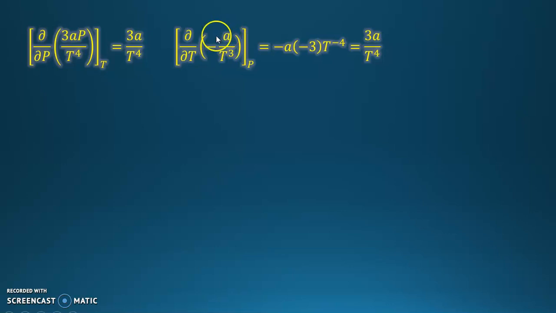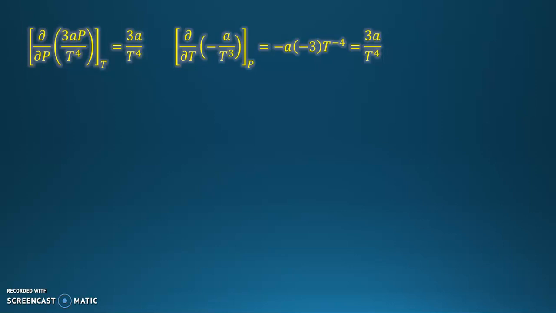We must calculate the partial derivative of this other expression. Minus a is a constant, so we need to calculate just 1 over t cubed. But that expression could be written like t to the minus 3.